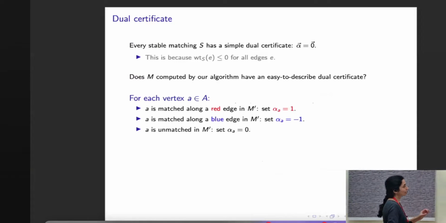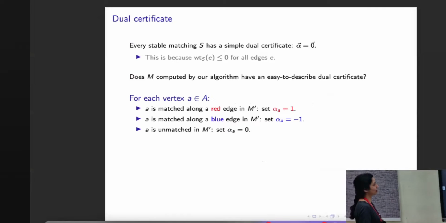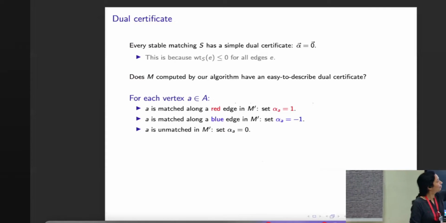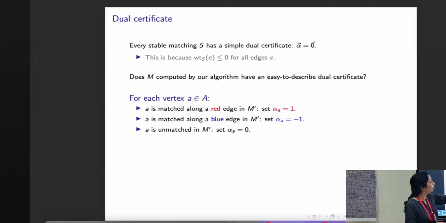As we said, its certificate was somehow being captured by these red blue colors. So, for every agent A, let's define its alpha value as follows. If it is matched along a red edge, set its alpha value to be plus 1. If it's matched along a blue edge, set its alpha value to minus 1. And if it's left unmatched, so we're talking about M prime, which is the stable matching in the red blue graph.